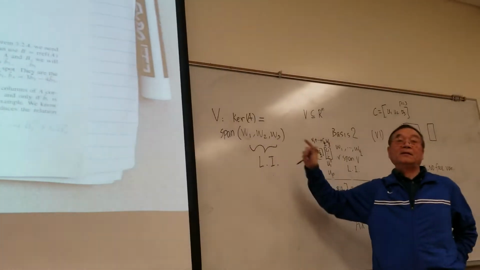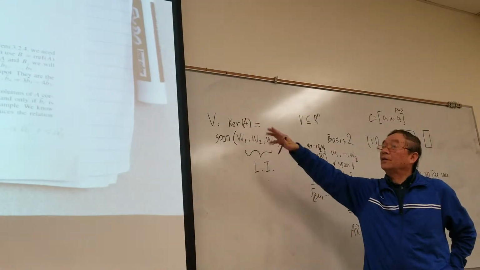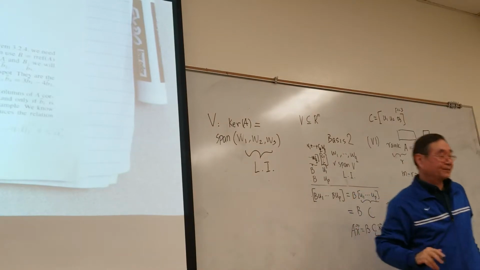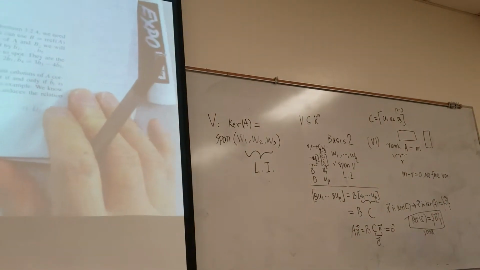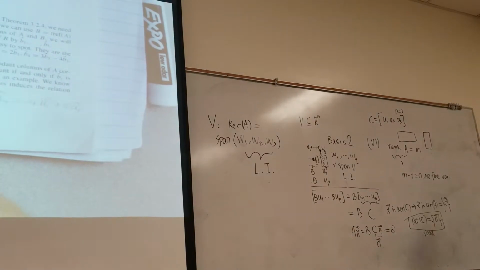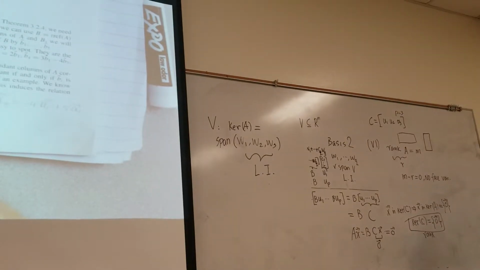So they form a basis. So conclusion: these 3 vectors form a basis. Okay, how about the dimension? You count how many vectors are in this basis. 3, right? 1, 2, 3. So the dimension is 3.